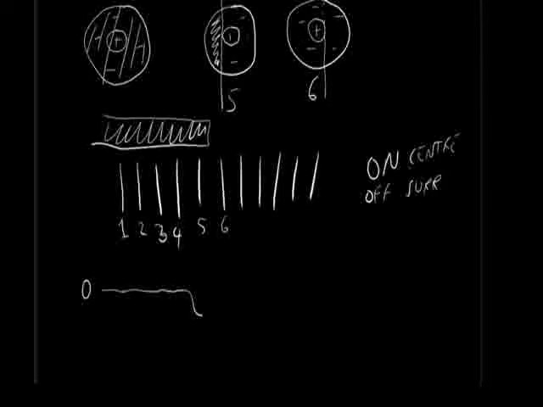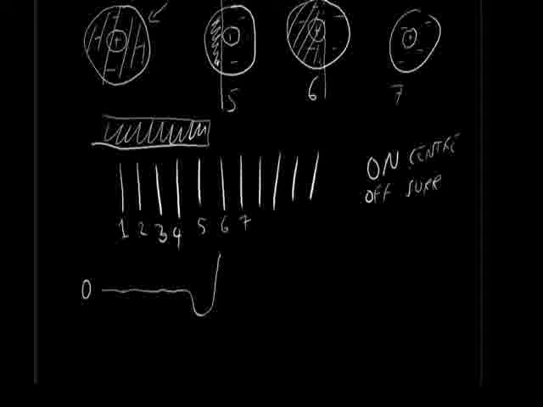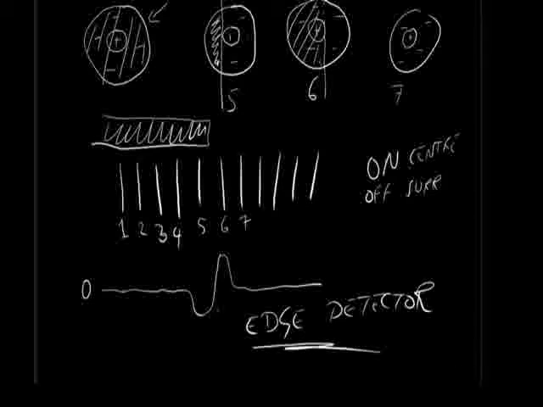Remember, if the plus and negative cancel out, then having slightly less negative and the same amount of plus means we get a plus signal. For 7, there's no stimulation, so that goes back down to 0. So can you see what's happened is we have an edge detector. These bipolar cell receptive fields are creating an edge detector.